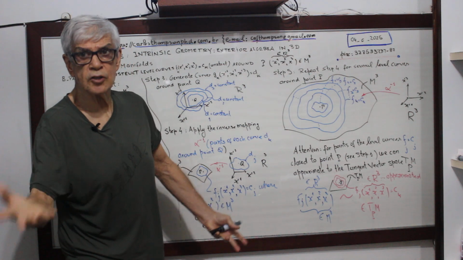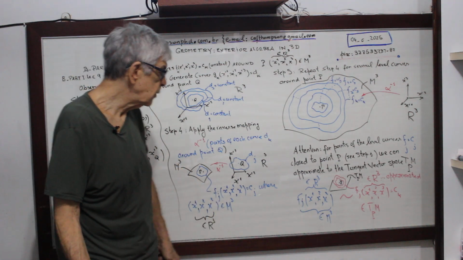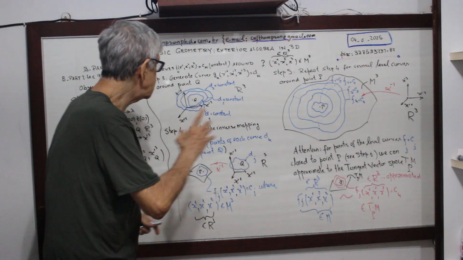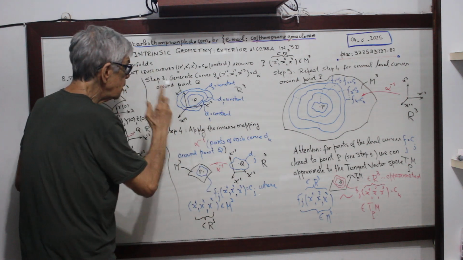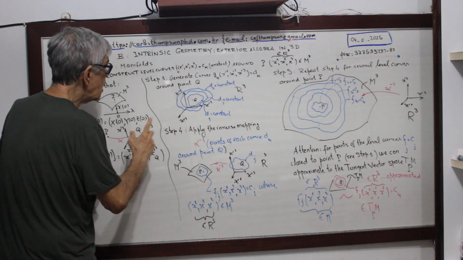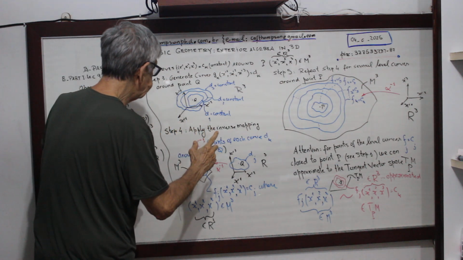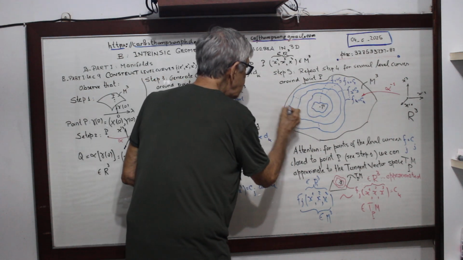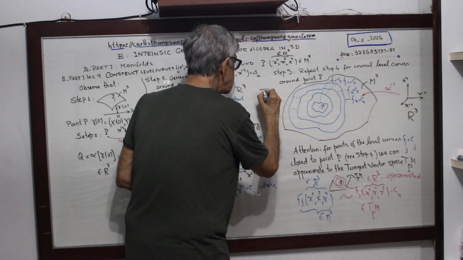And in this particular case for M3, this is a tangent plane. Now, you see, each point on the manifold over here will have its own tangent plane.